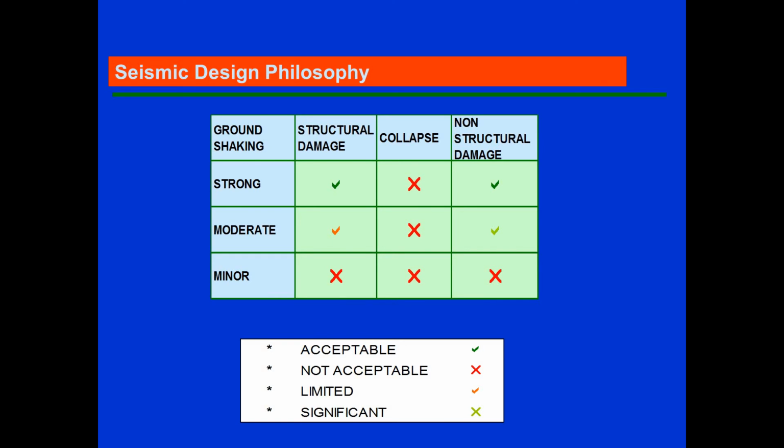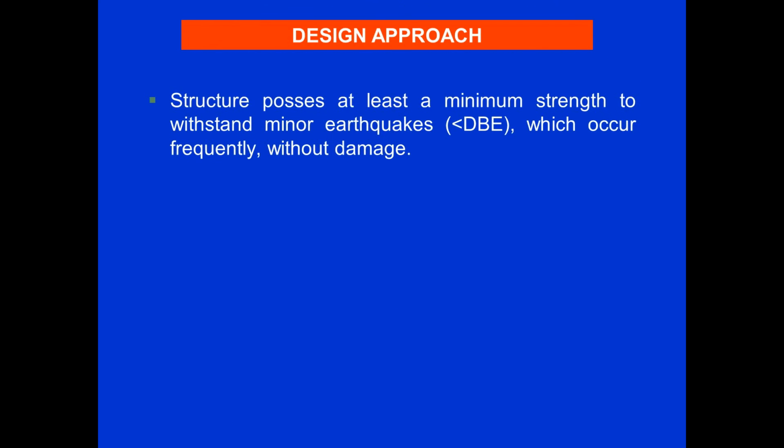This is the basic design philosophy of the seismic structure. So while designing or analyzing the structure for earthquake, you must keep in mind this table and this philosophy. Okay, so next is the design approach.